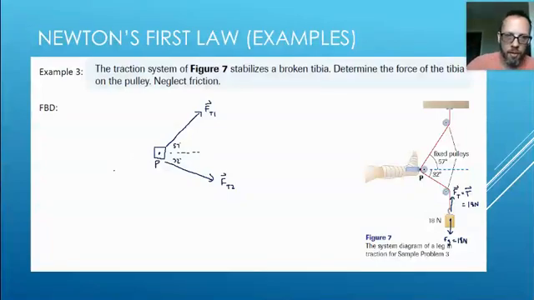And so the leg is probably pulling down in some downwards direction, like so. And I might just call it F leg, or if you want to call it F tibia. I think the diagram I have in a second calls it F tibia. We'll see in a second. And our kind of goal is to figure out what that force is on the pulley. What's the size of the force, and what's the angle of the force too?